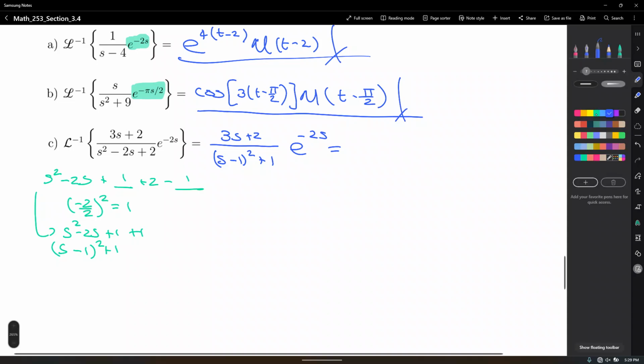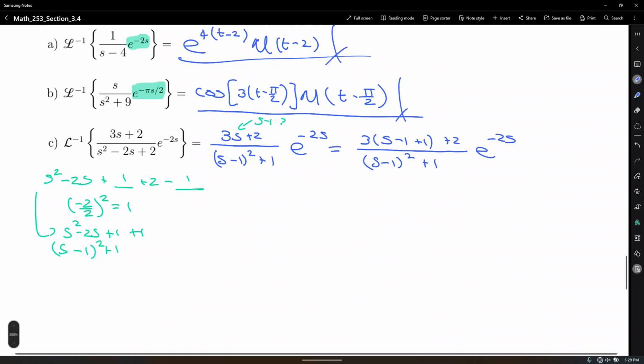Don't we wish this were an s minus 1? We can make our wish come true. So 3 times s minus 1 plus 1, plus 2, outside, over s minus 1 squared plus 1, e to the negative 2s.